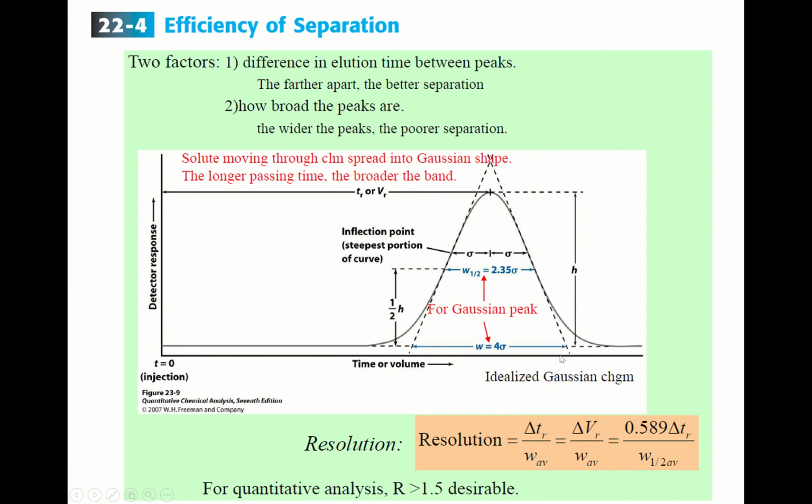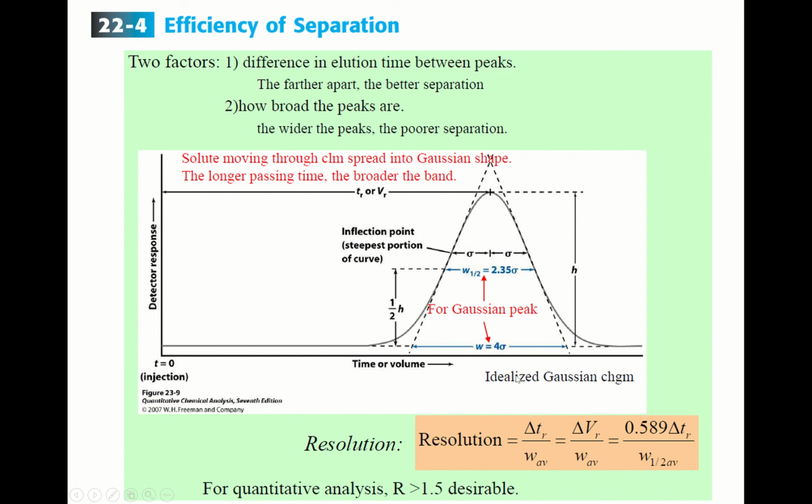Now you draw two straight lines here on this side and on this side, and then they intersect at the baseline, and this width is W equals 4 sigma. Okay, yeah, 4 sigma. That's the property of this Gaussian curve.